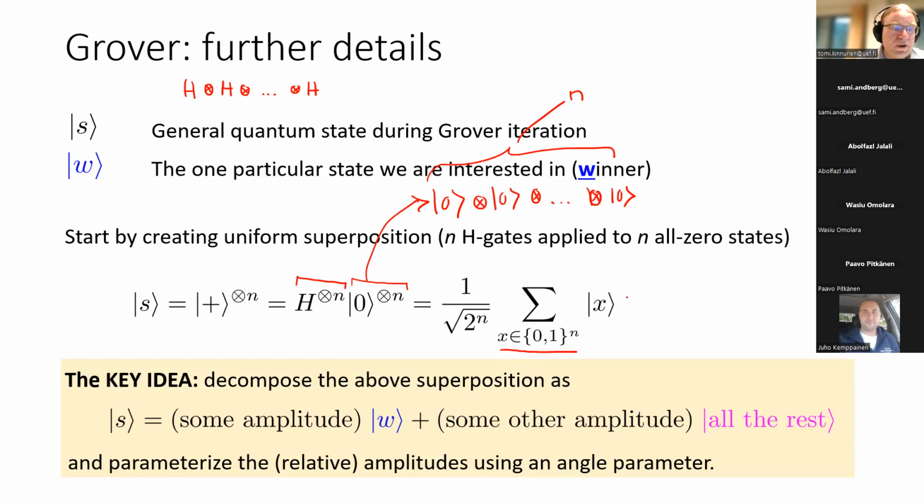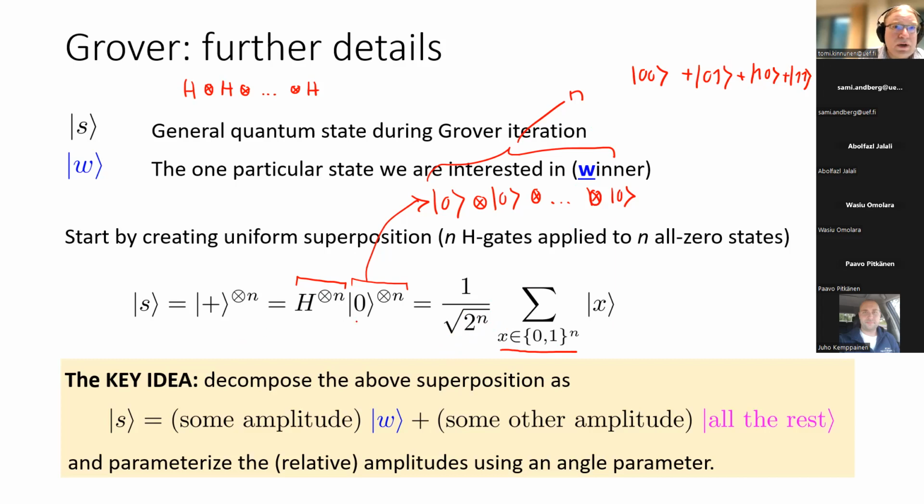If n equals 2, then it's going to be 00 plus 01 plus 10 plus 11, and in that case we have here the normalization term to make sure that everything is properly normalized, that the probability amplitudes are summing up to 1.